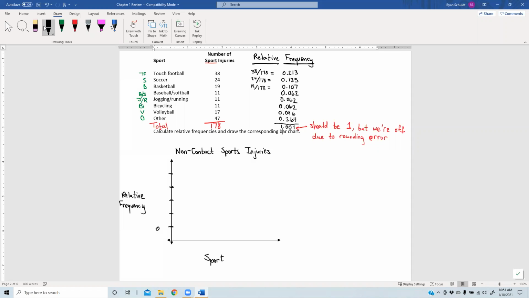So this is going to be 0.05 down here, 0.1, 0.15, 0.20, and 0.25. Now, yes, I know my highest is 0.26, which means I'll just be a smidgen above. No big deal.